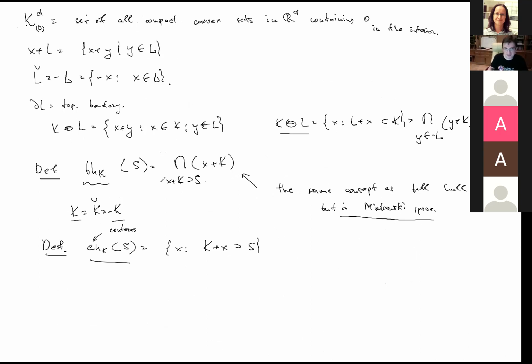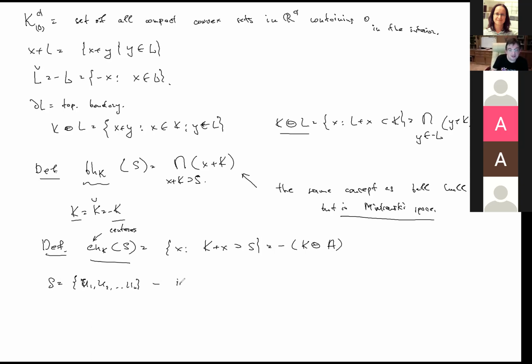So far, S is not a sample, is not a uniform sample. This is just an arbitrary subset of K. Okay, and in terms of Minkowski difference, this is just K minus A. And now let me take, in the role of the set S, a sample U1, U2, and so on, UN.